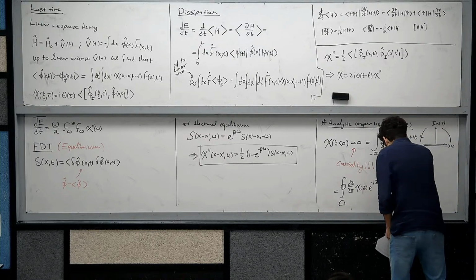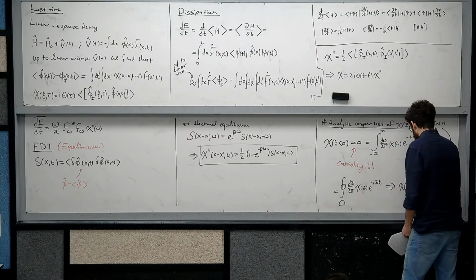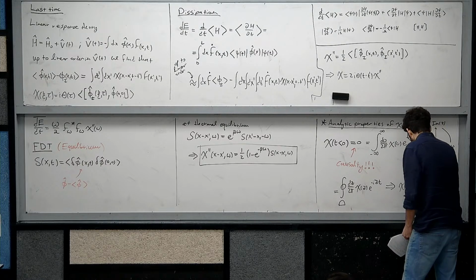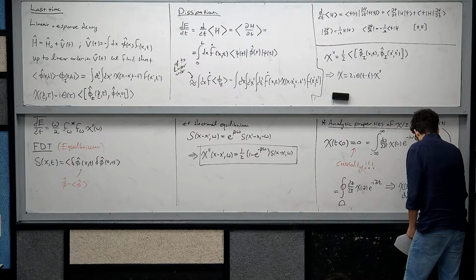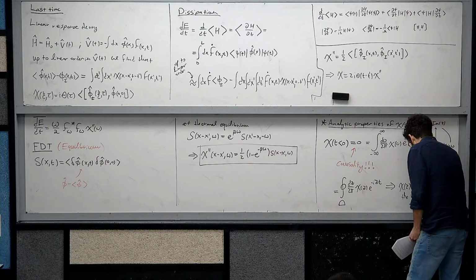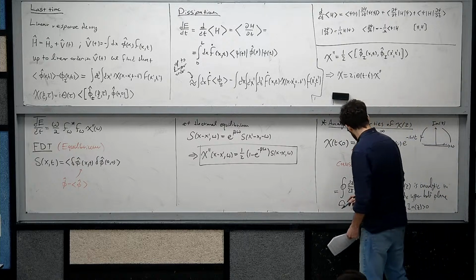And from here I concluded that chi of z is analytic in the upper half plane, where imaginary z is larger than 0.